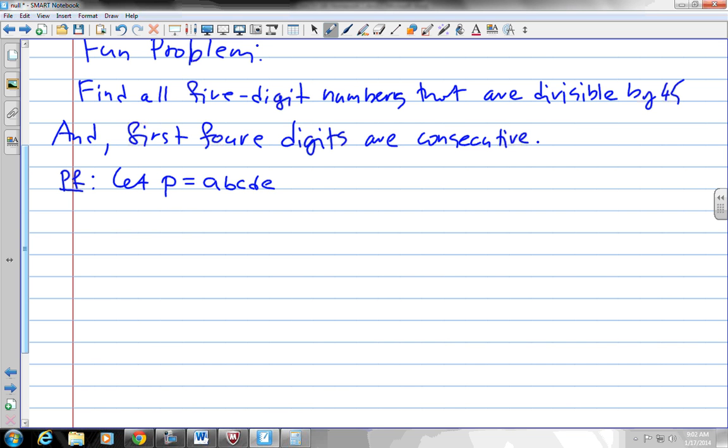A is the first digit, B is the second digit, C is the third digit, D is the fourth digit, and E is the fifth digit. For example, if it's 3, 7, 8, 2, 1, then A is 3, B is 7, C is 8, D is 2, E is 1. That's what I mean by that notation, okay?